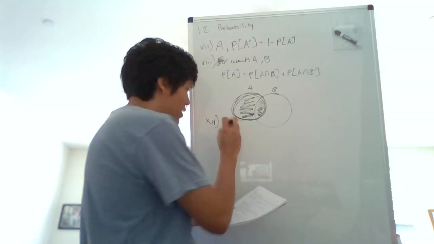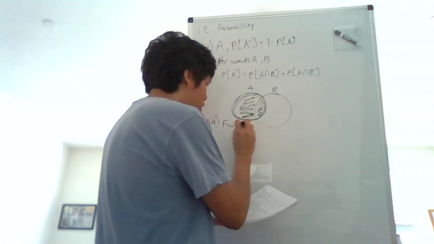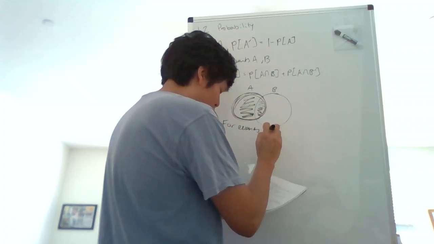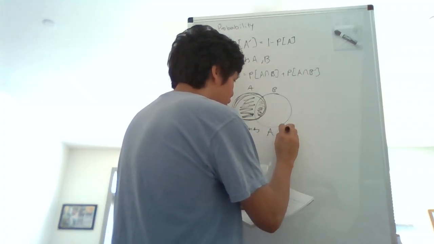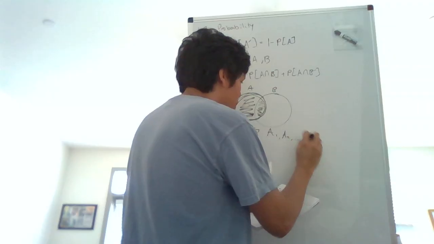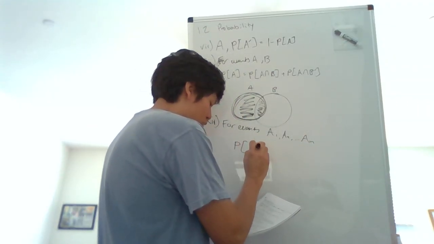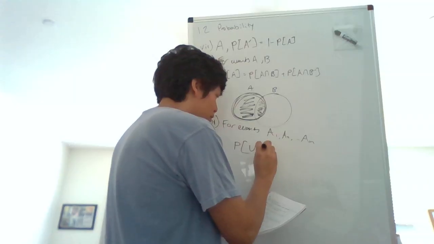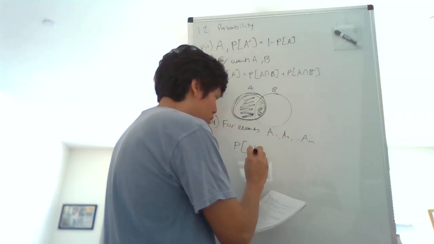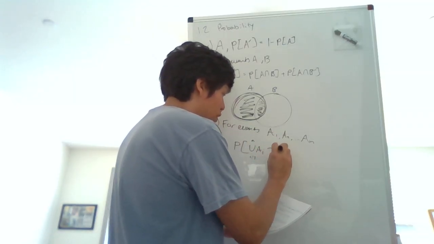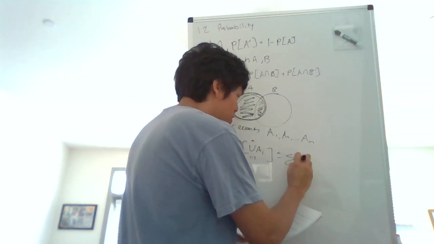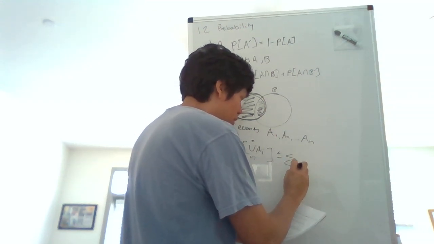But for this one, for events A1, A2, all the way to A sub n, the probability of the union of all of these events is less than or equal to the summation of the probabilities.